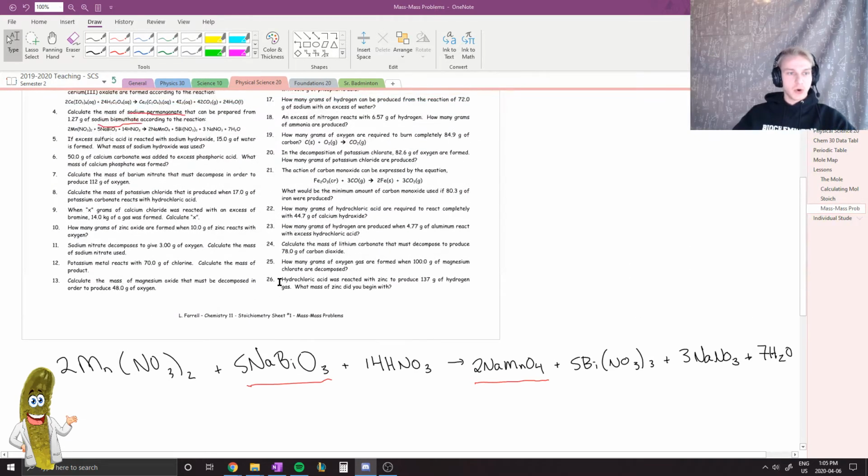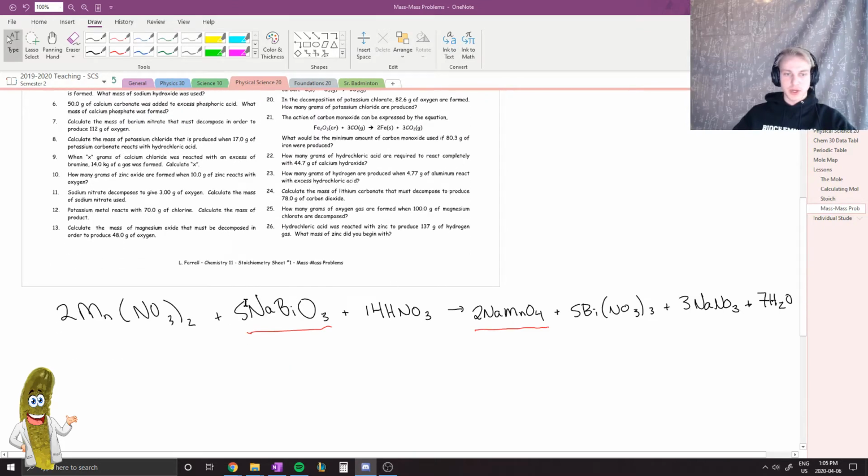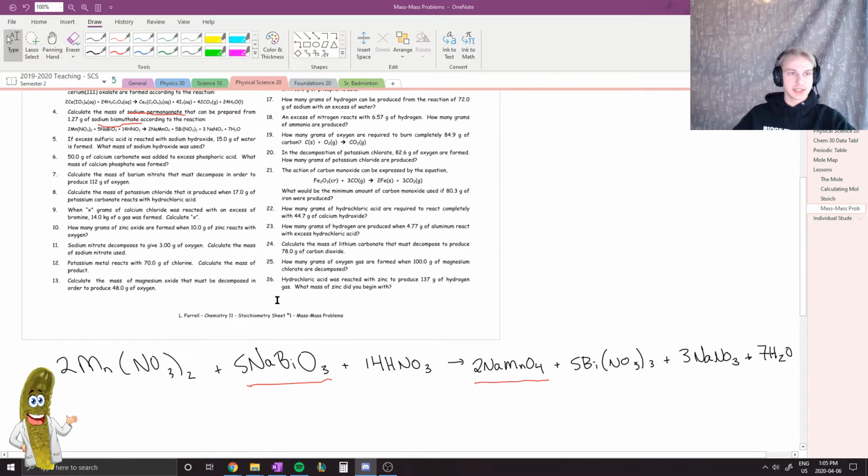When we're going through this, we need to focus on these two things. The one on the left that I have underlined is the sodium bismuthate, and we know we had 1.27 grams of this. The other thing we need to know is how much of the sodium permanganate can actually be formed.